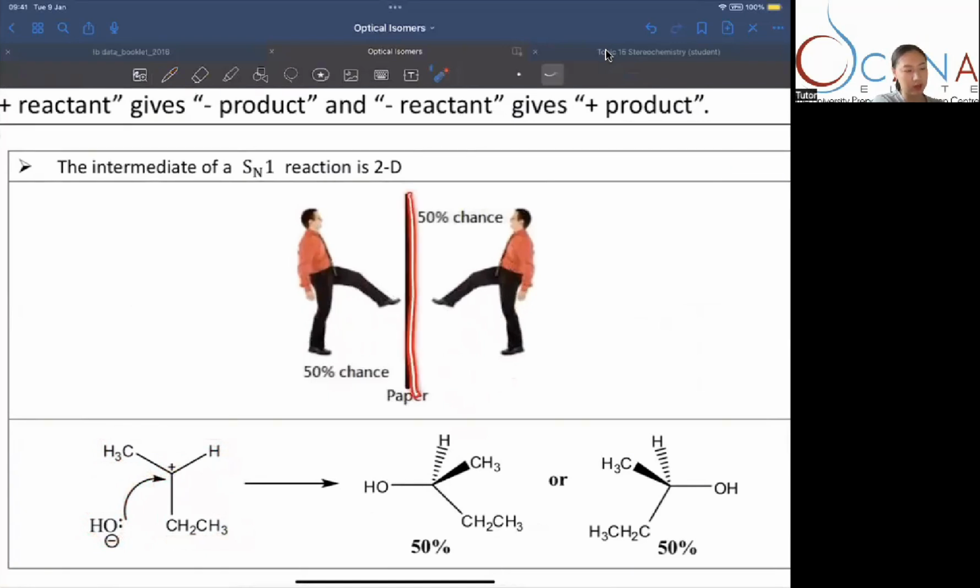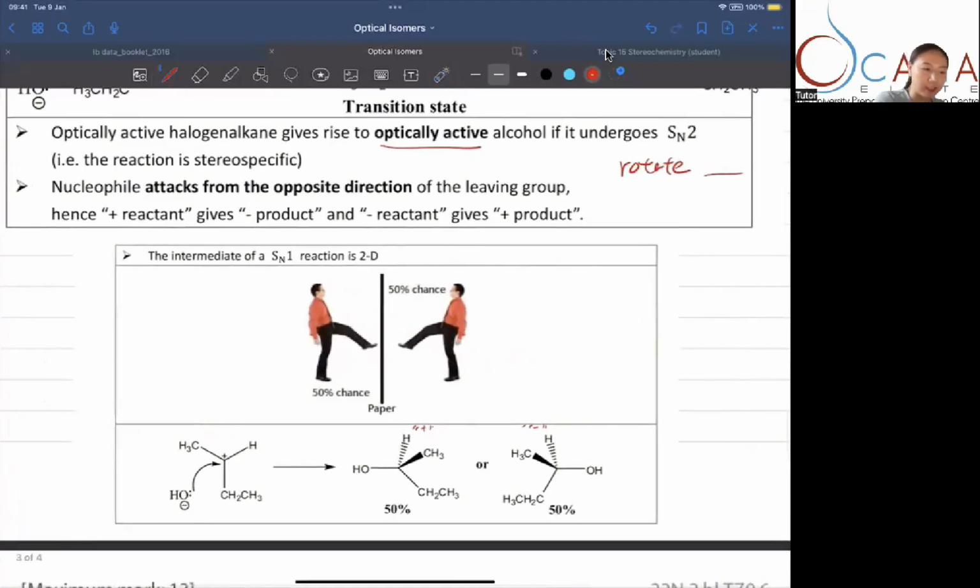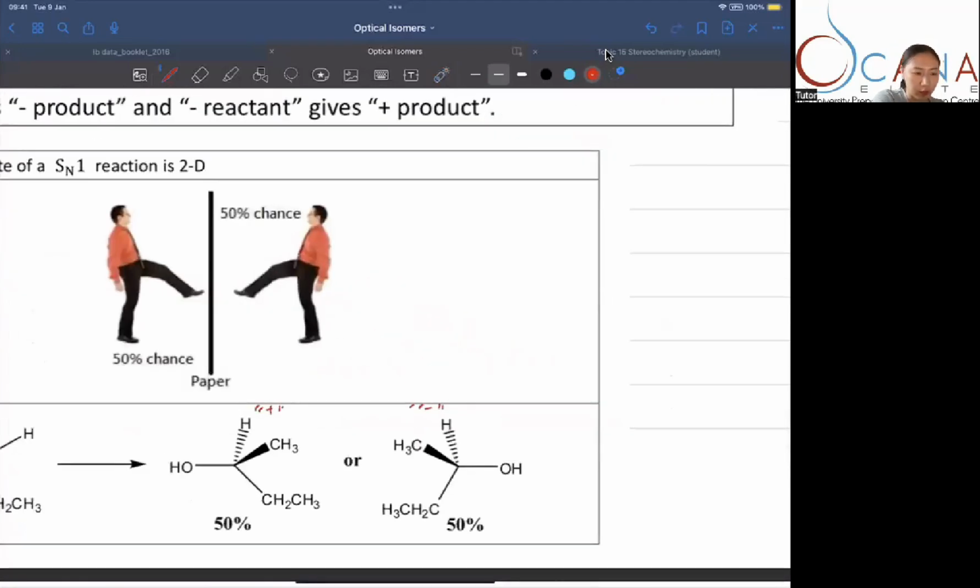If you look at this image, imagine this is the 2D plane here, and the nucleophile can attack from either side. So you have a 50-50 chance to get a plus isomer or a minus one. If you get exactly the same ratio, they will not rotate the plane polarized light, and we call this 50-50% mixture, which does not rotate the light, a racemic mixture.